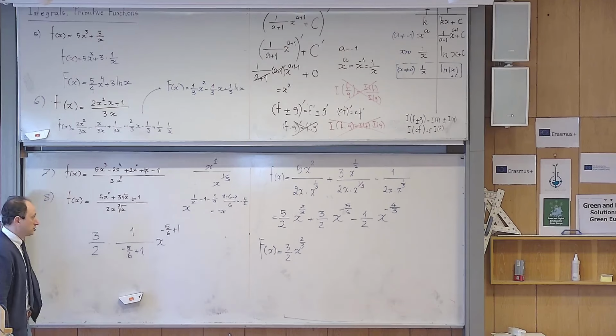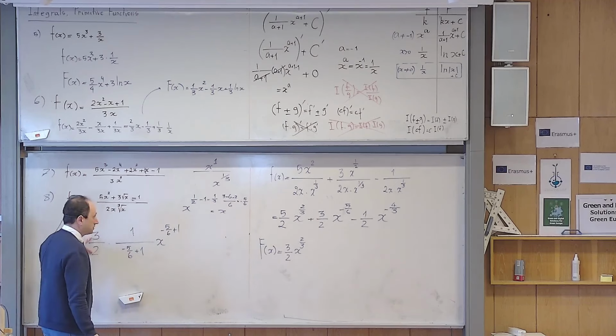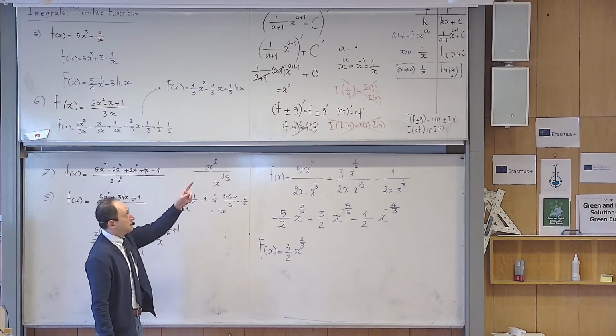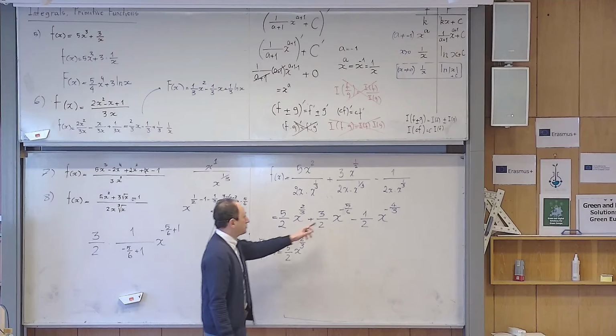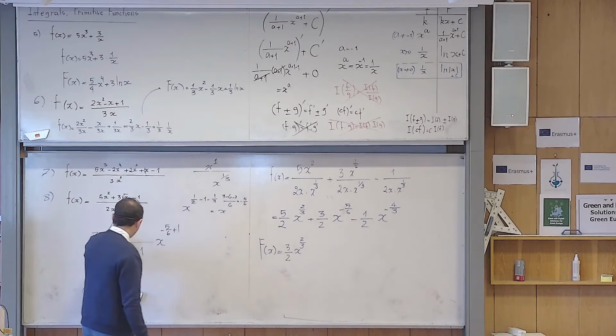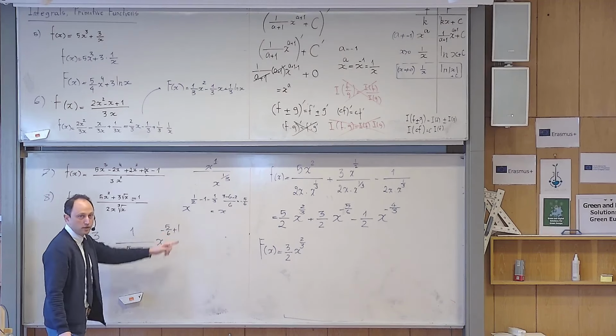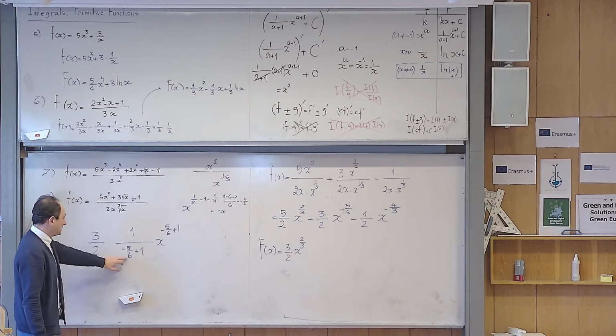Yes? So you see I am doing the middle one. 3 over 2 is a multiplicative constant, and I am using the second row formula by giving the role of a to this minus 5 over 6. So it becomes 1 over minus 5 over 6 plus 1, x to the power of minus 5 over 6 plus 1. But what is this number?